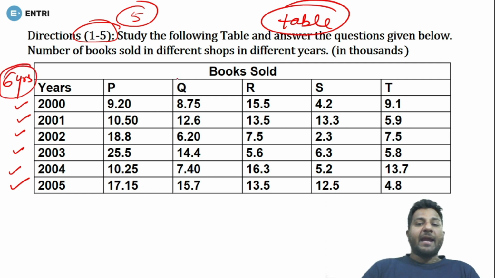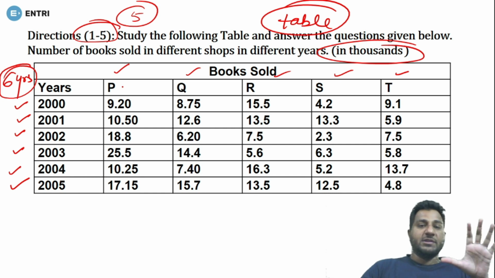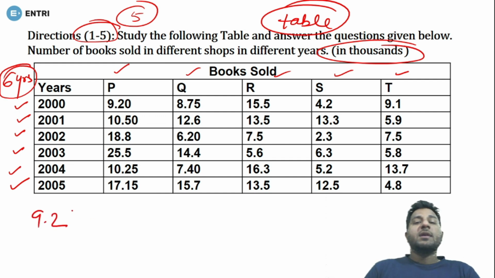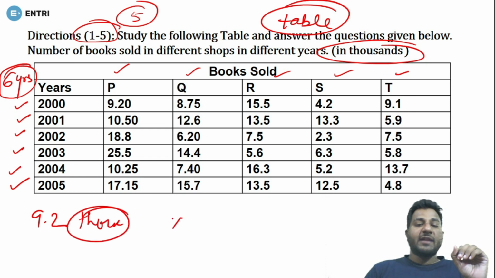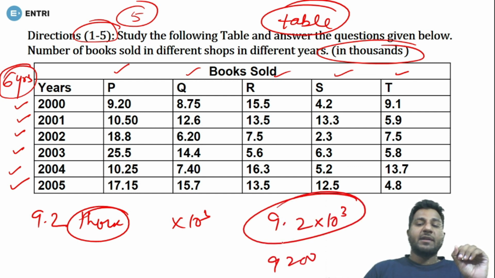Okay. And the books sold, that means P, Q, R, S, T, these are the books that have been sold, and the data has been given in thousands. That means if in year 2000 P has sold 9.2 thousand books, that means 1000 means 10 to the power 3. So what would you do? You will multiply it with 10 to the power 3 and it will become 9200.